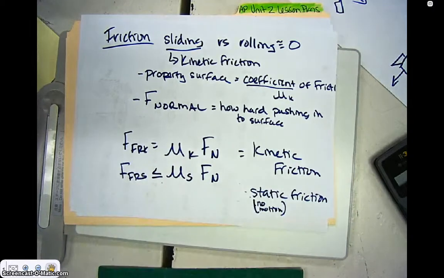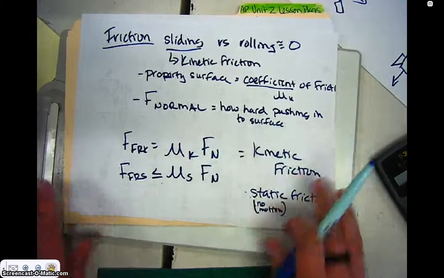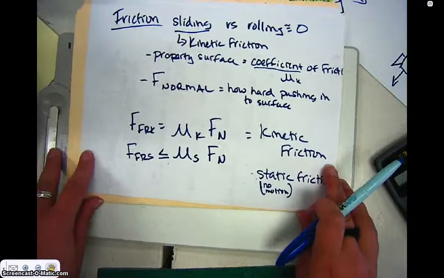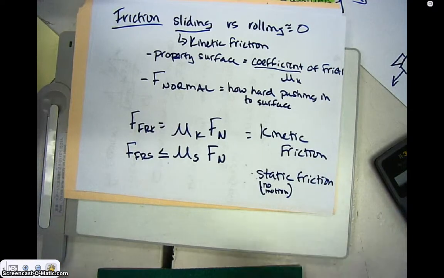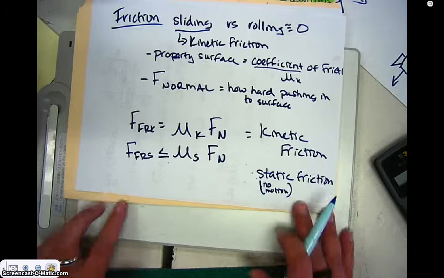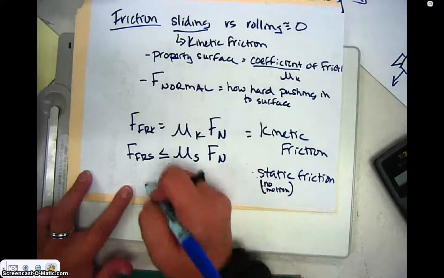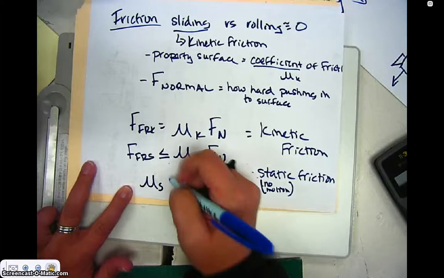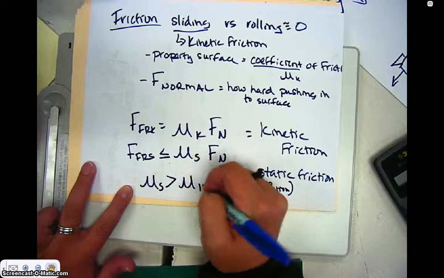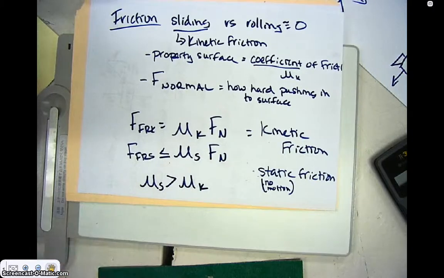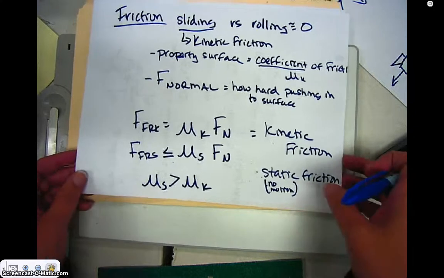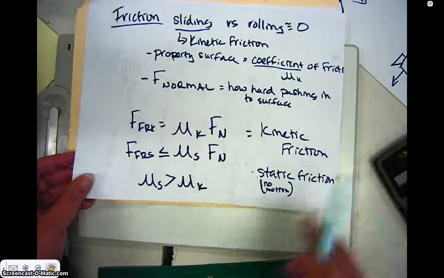So we can compare the static friction between the couch and the carpet, and the kinetic friction between the couch and the carpet. The coefficient of static friction is always greater than the coefficient of kinetic friction because it's easier to keep something going than it is to get it going. That's all very intuitive stuff.